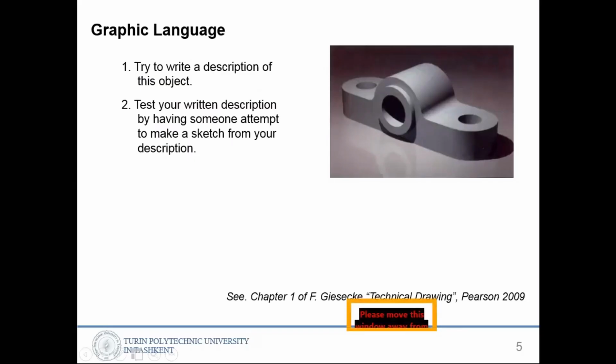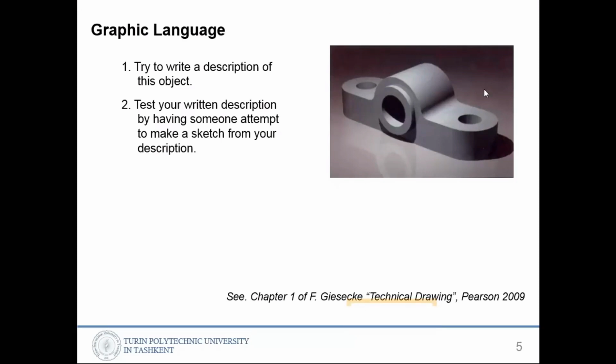For example, by phone. You're talking on the phone with your friend, and you're seeing only this part, but the other side on the phone is not seeing this object.